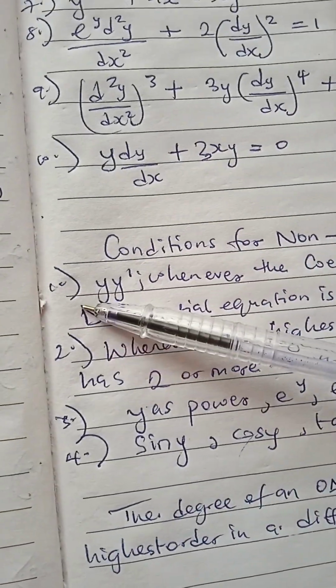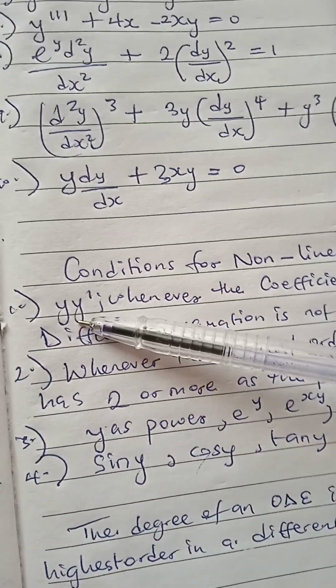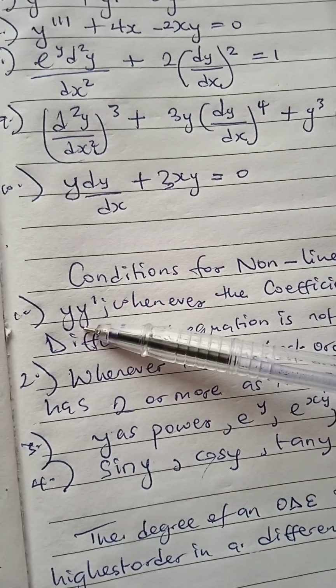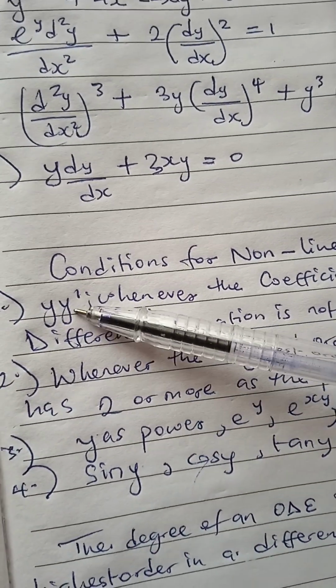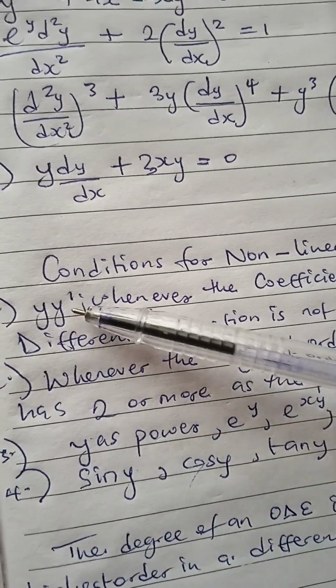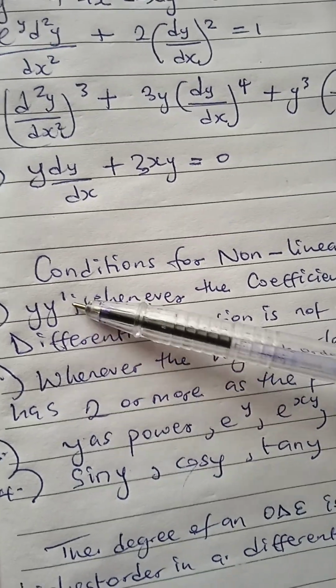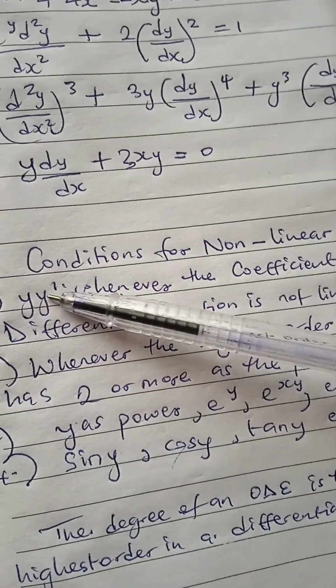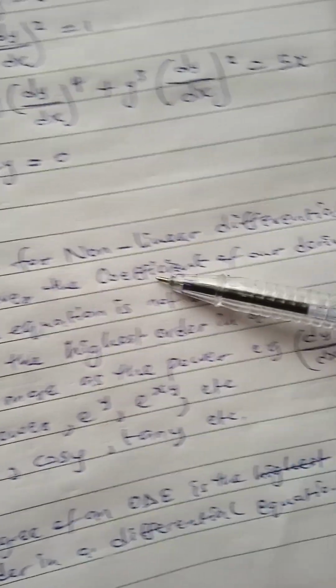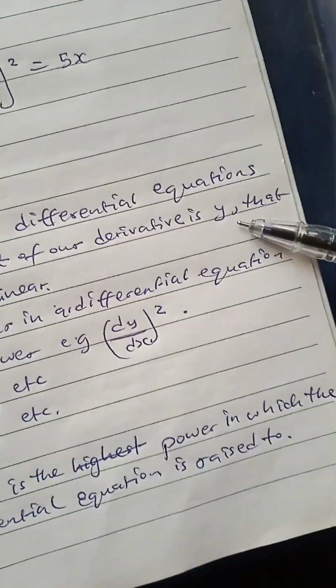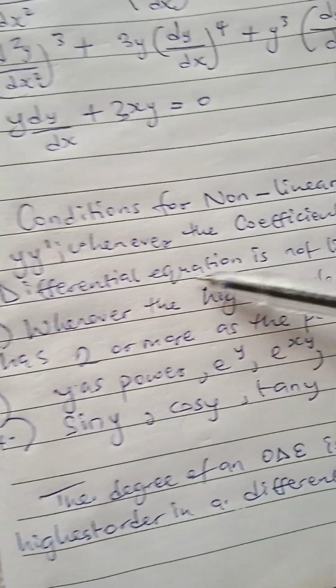The conditions for non-linear differential equations: number one, whenever y is multiplying the order of the equation, that is, y multiplying by y prime, whenever the coefficient of our derivative is y, that differential equation is not linear.